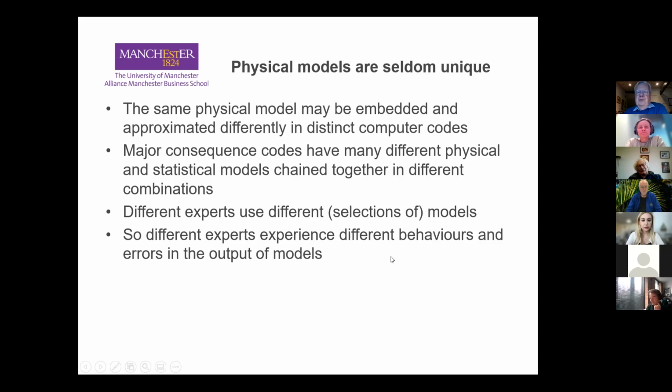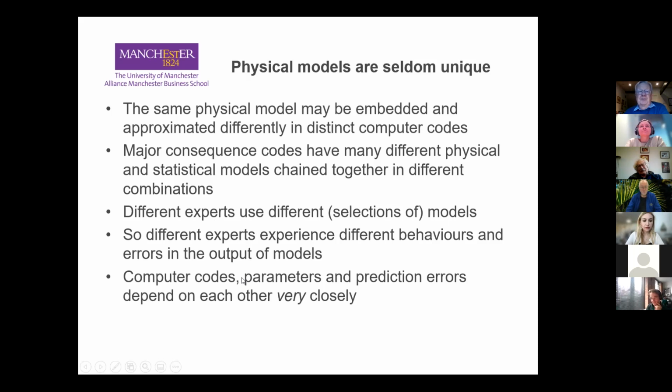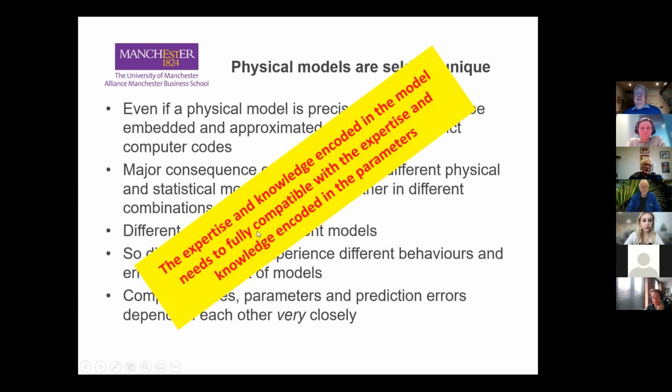And so different experts have experienced different behaviors and errors in the outputs of their models. Computer codes, parameters, and prediction areas depend on each other very closely, and we don't really explore that bit in doing our risk analyses. So the expertise and knowledge encoded in the model needs to be fully compatible with the expertise and knowledge encoded in the parameters.